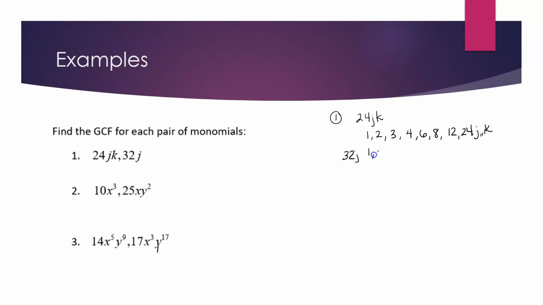So 1 is a factor, 2 is a factor, 4 pairs up with 8, 2 pairs up with 16, and 32, and we have a J. Now if you circle all that you have in common, we have a 2 in common, we have a 4 in common, 8 is the highest one, and then a single J. So our greatest common factor is 8J.